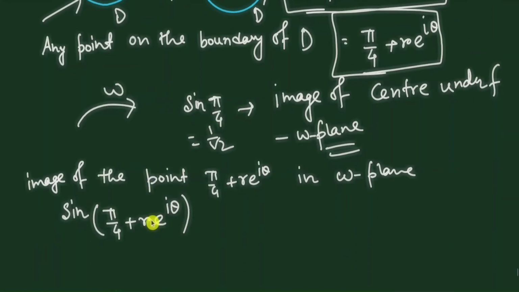Note that this is a point at a fixed distance from the fixed point sine pi by 4.